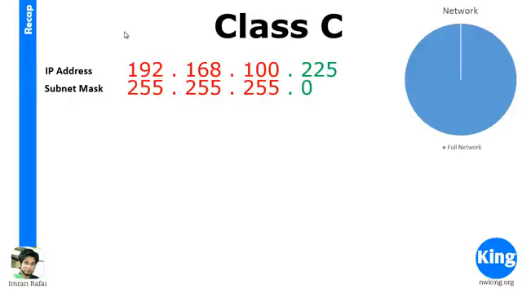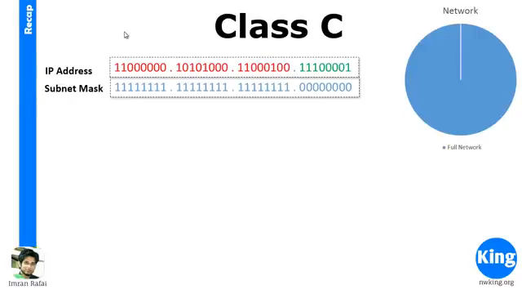So before we go into subnetting, let's do a recap and see how Class C IP addresses work. Take the Class C IP address 192.168.100.225. Subnet mask is 255.255.255.0. When we convert it into binary, this is what we get.